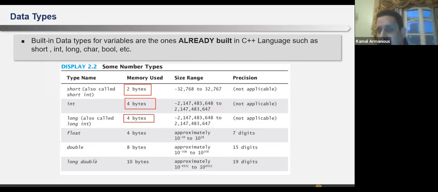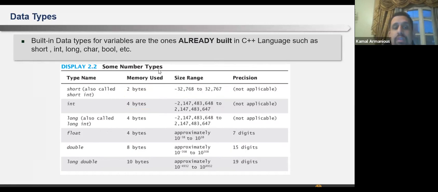And for the short, you can enter or allocate numbers from this range up to this range. For the int, from this range up to this range. For the long, from this range up to this range. And here we go forward.